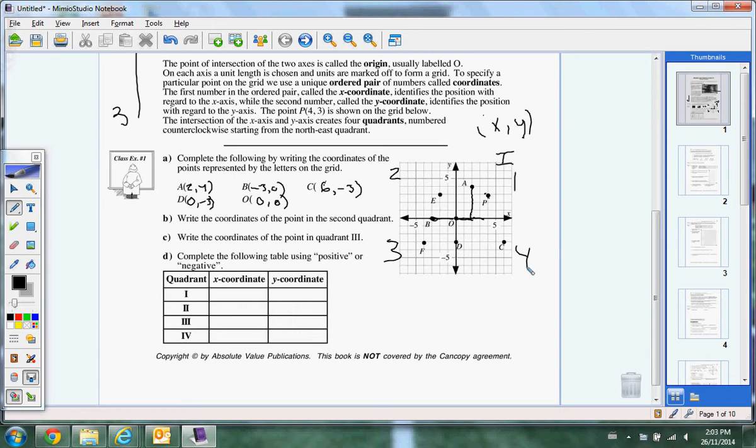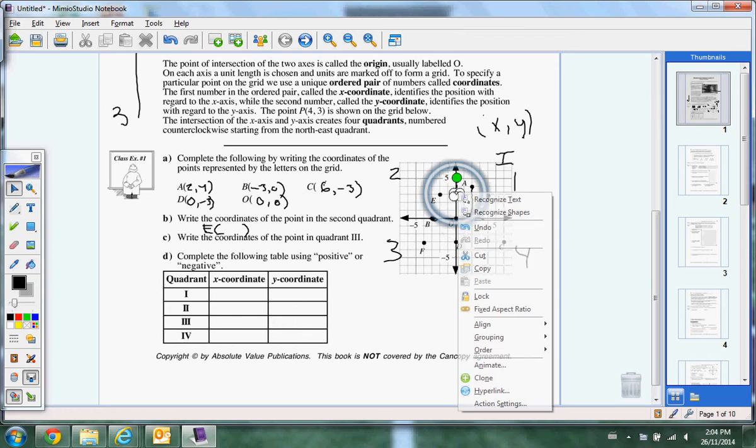Now the question says, write the coordinates of the point in the second quadrant. What point's in the second quadrant? E. So what is E, Tatum? (0, 3). Okay, if I had (0, 3), it would be right here.